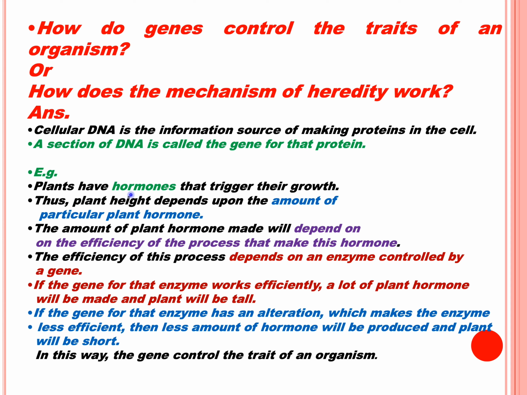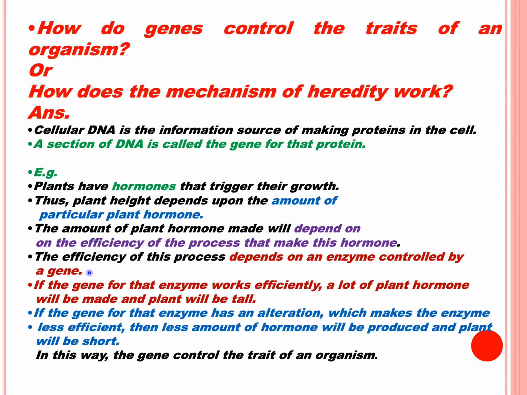Plants have hormones that trigger their growth. Means plant growth is controlled by plant hormones. For example, plant height depends upon the amount of particular plant hormone, and the amount of plant hormone made will depend on the efficiency of the process that make this hormone, and the efficiency of this process further depends on an enzyme which is controlled by a gene.